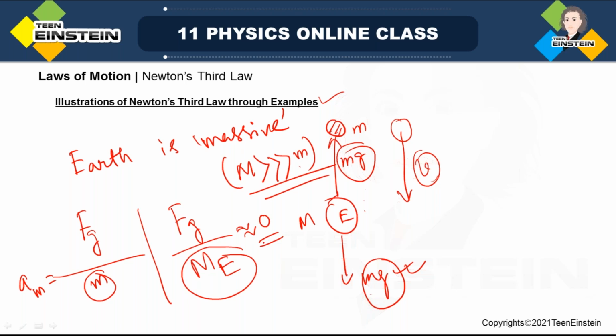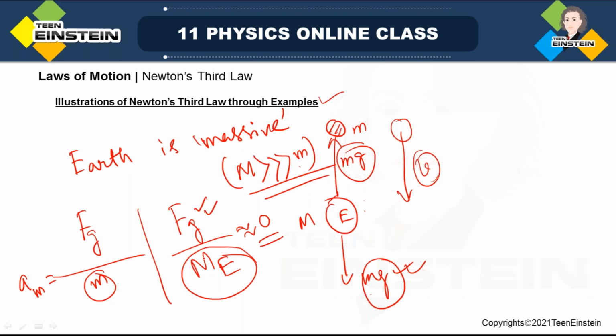So why don't we feel that the earth is also attracted by any object in this universe equally? Because in the motion of the earth, we don't see any change. Why? Because the mass is massive. That's why, even though the force is equal, the acceleration will be very small, as good as zero.